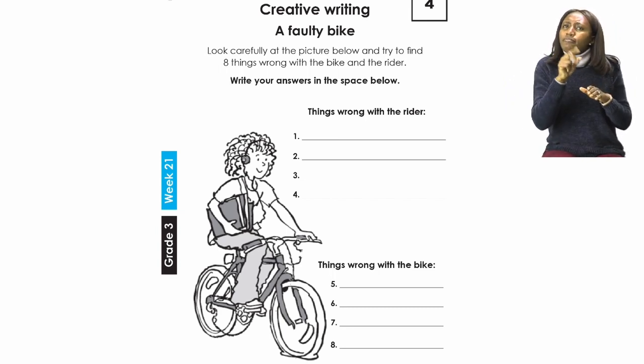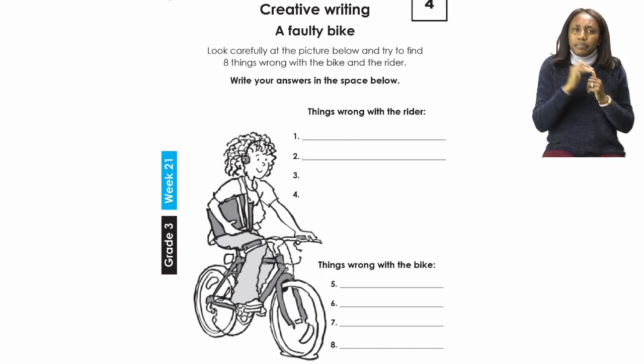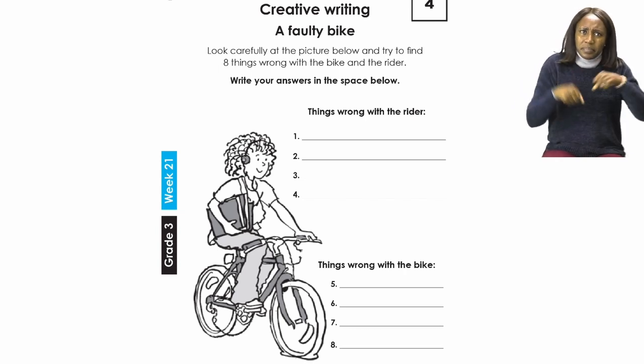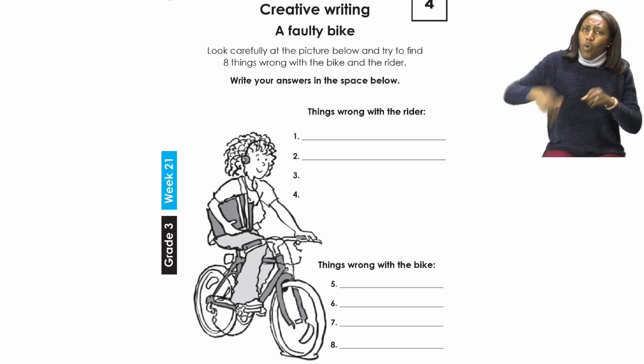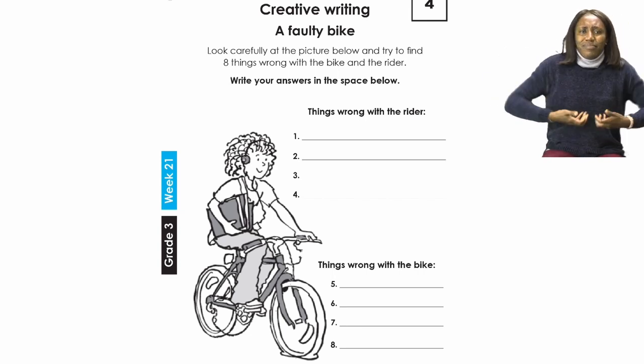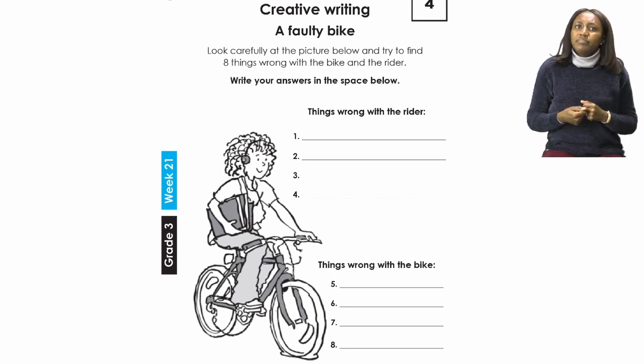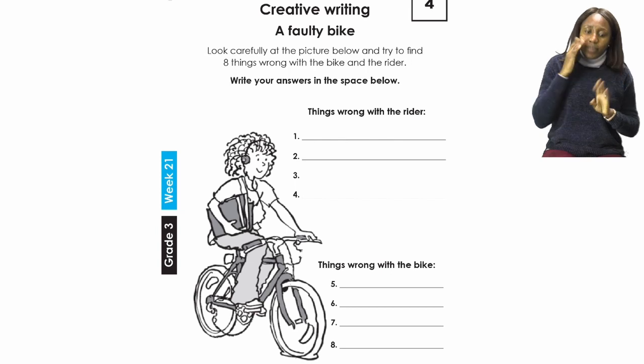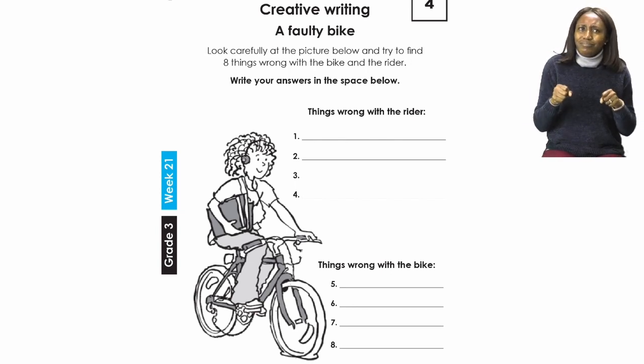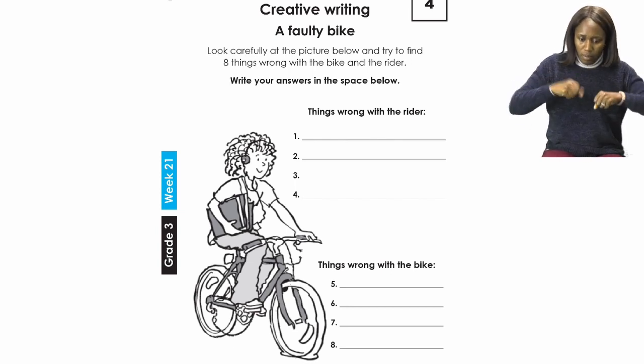But before we do that, let's discuss what we can actually see. We can see that there is a person on the bike and it looks like they have many things that are wrong. Let's start with the rider. In order for you to be safe on the road, you need to have both hands on the bike.